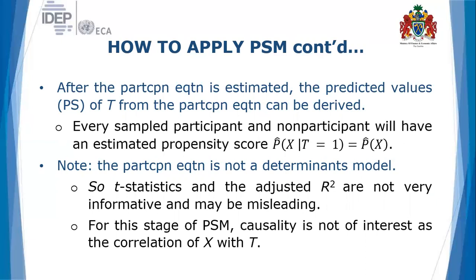In that regard, the T statistics and the adjusted R-square are not very informative and may be misleading. For this stage of propensity score matching, causality is not of interest, nor is the correlation of X with T. So here we are just looking at computation of propensity scores, which are done from the participation model.